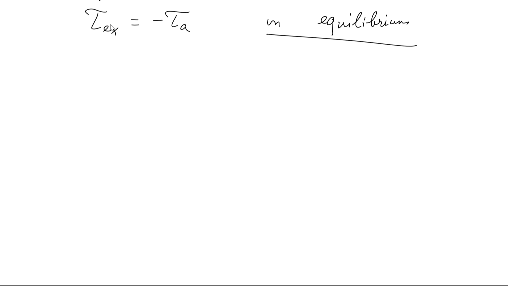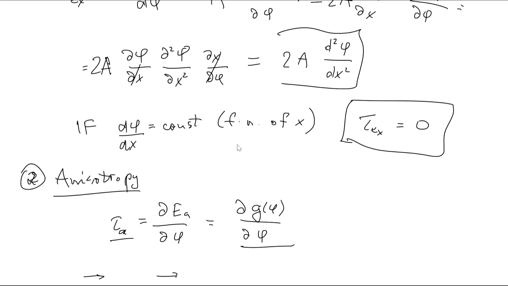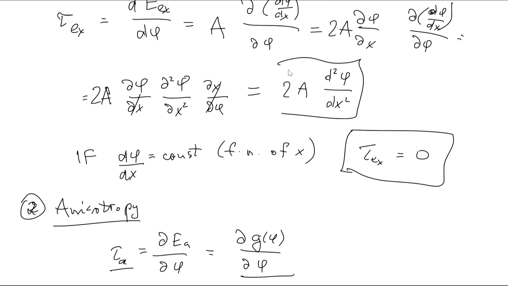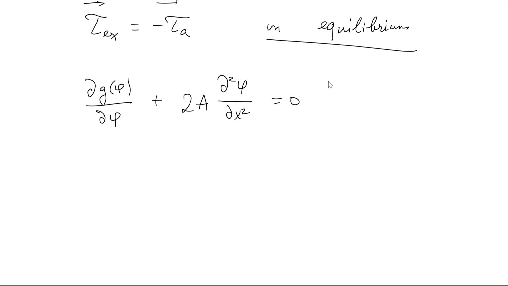So we can put the torques together, here is the torque for anisotropy and here is the torque for exchange, and we can write that dg(phi)/d phi plus 2A d2 phi/dx squared should be equal to 0 within the wall.